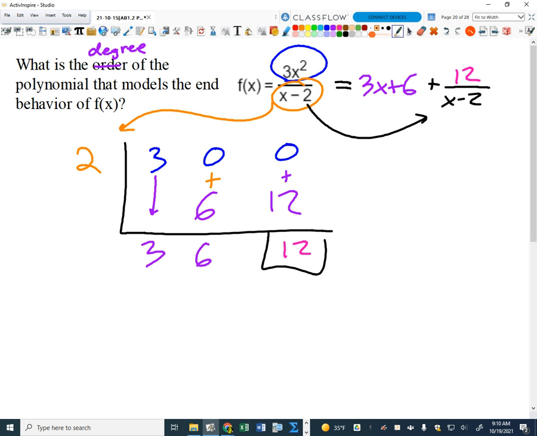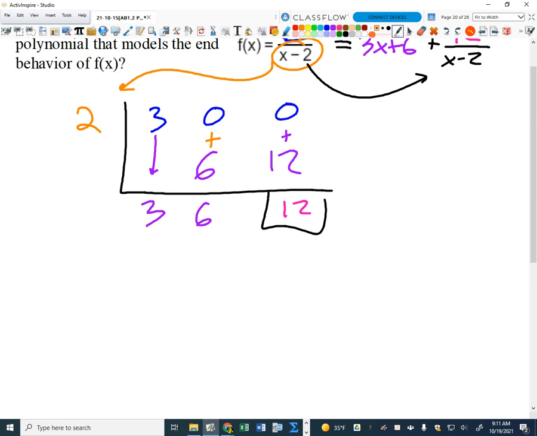Okay. All right, so we could replace our function. We don't replace it, we're just rewriting it in this form, right? So now let's look at it that way. If we've got f of x equals 3x plus 6 plus 12 divided by x minus 2, what if we're taking a limit of that?